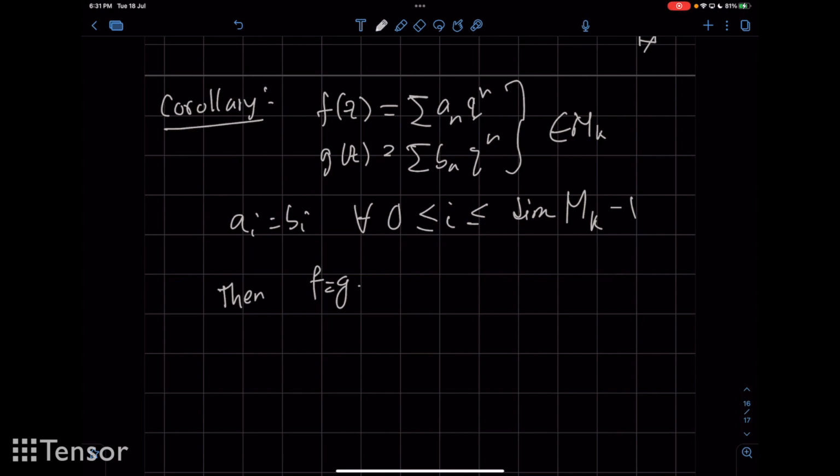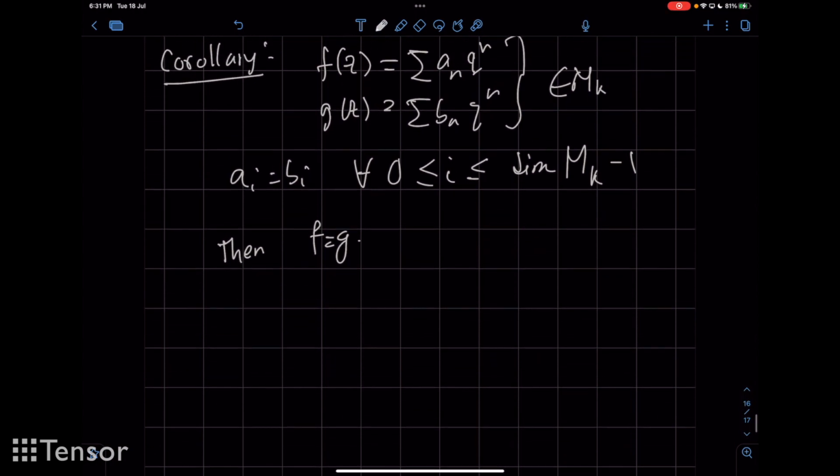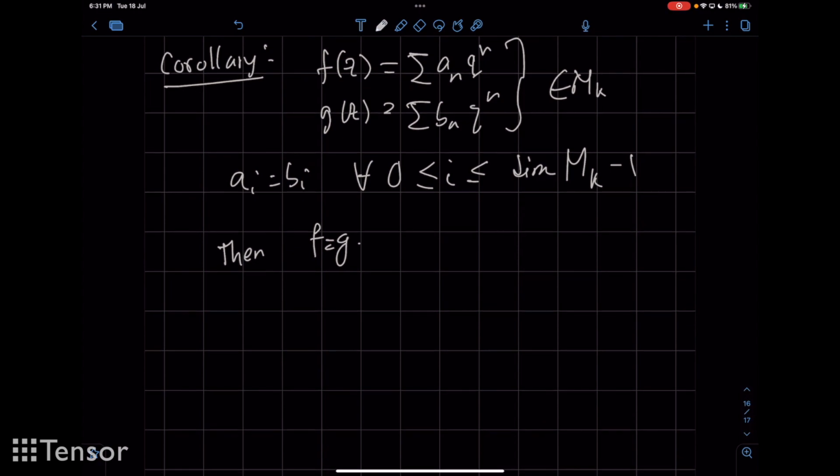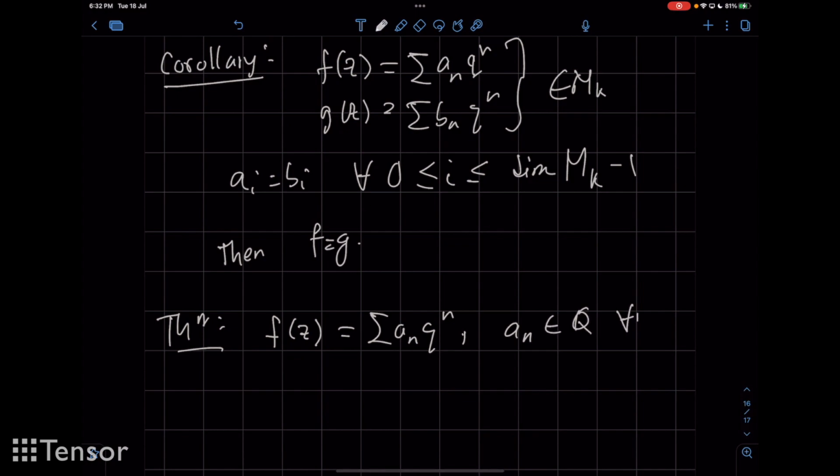We also have another interesting result about the rationality of the coefficients. That theorem says that, let f of z equal the sum of a_n q^n, and a_n is in Q for every positive n. Then a_0 is also in Q. We have just said that the first d coefficients are independent.